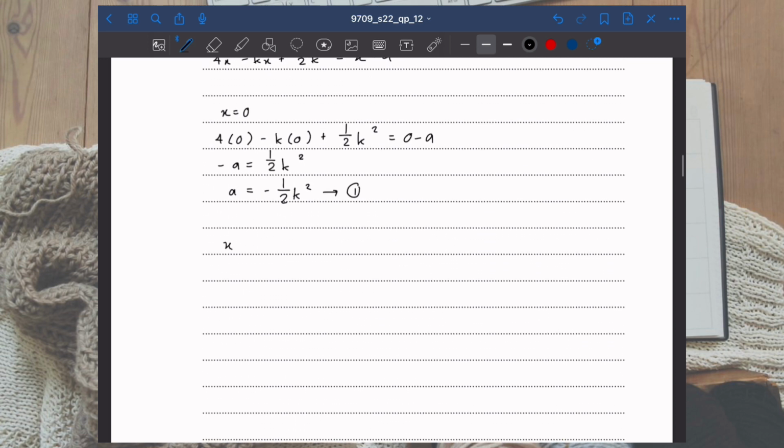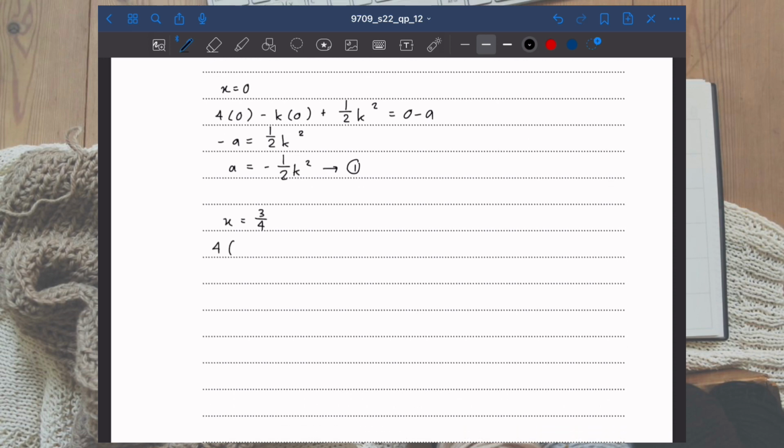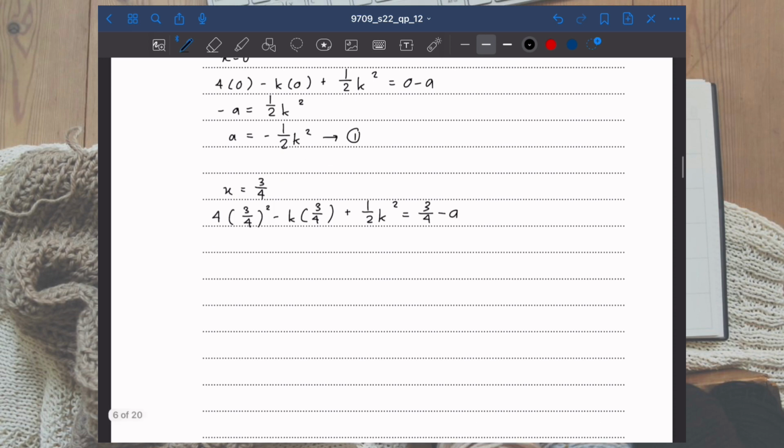So substituting in our second x coordinate, we'll get 4 (3 over 4) squared minus k (3 over 4) plus half k squared equals to 3 over 4 minus a. So simplifying, we get 9 over 4 minus 3 over 4 k plus half k squared equals to 3 over 4 minus a.